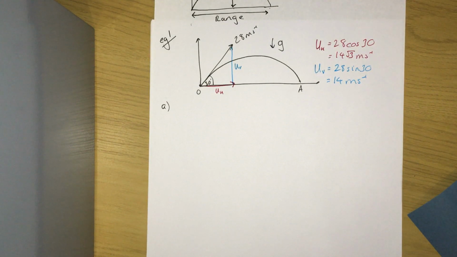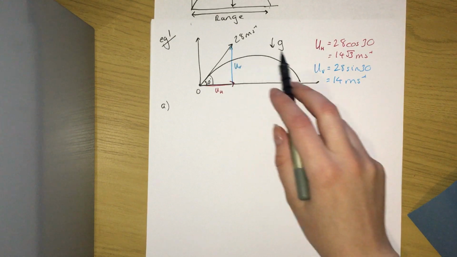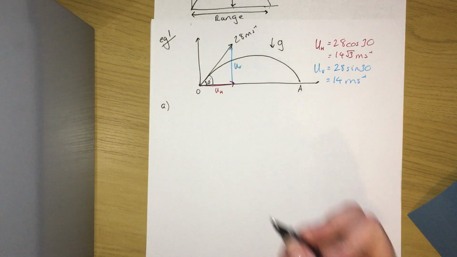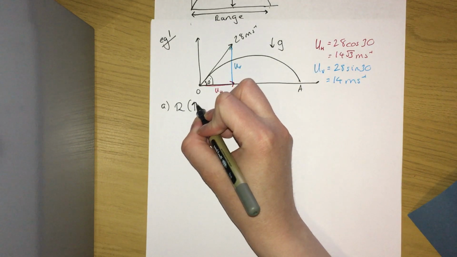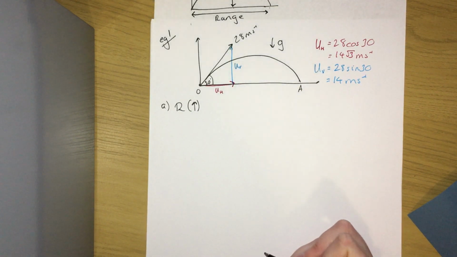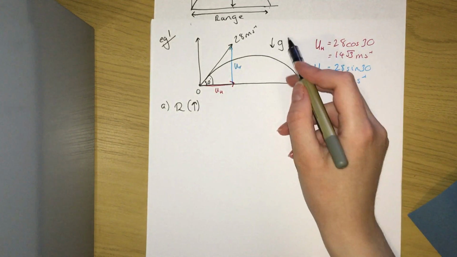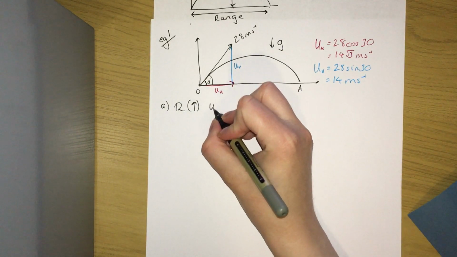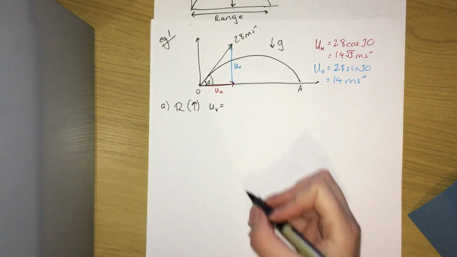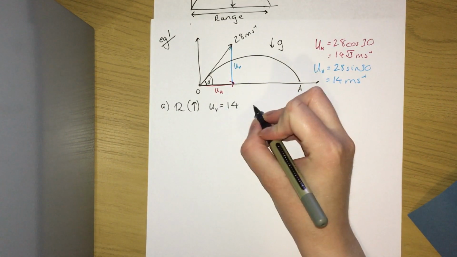So find the greatest height above the plane reached by P. So because we're talking about vertical height, then we do need to resolve vertically. So we are approaching these always as SUVAT problems. We have a constant acceleration, which is gravity, so we're always looking at it in terms of SUVAT. So I know my initial velocity vertically is 14.